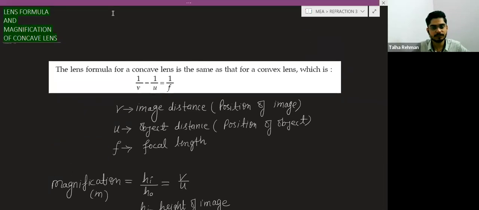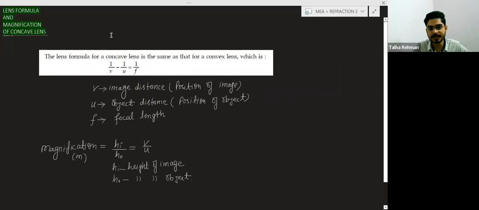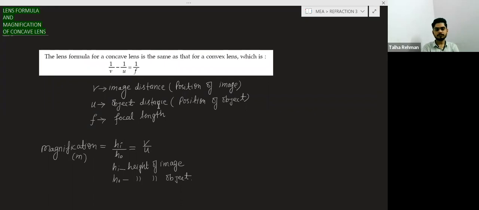Okay, write this down fast. I have already written all these things, but I am just writing this for your revision, and revise the sign convention part again and again.